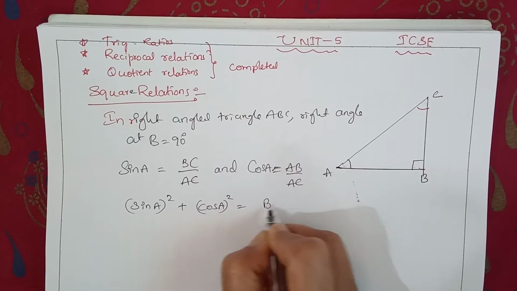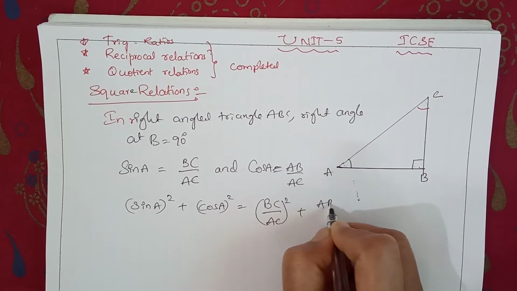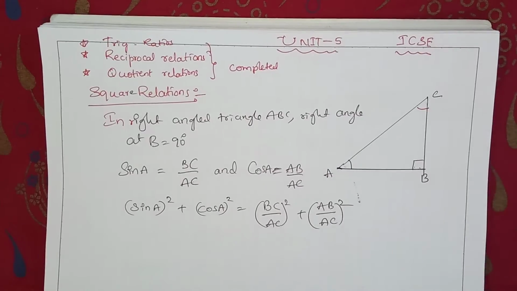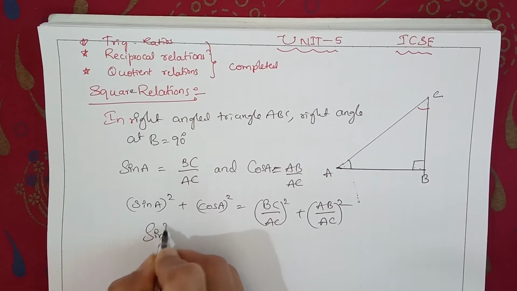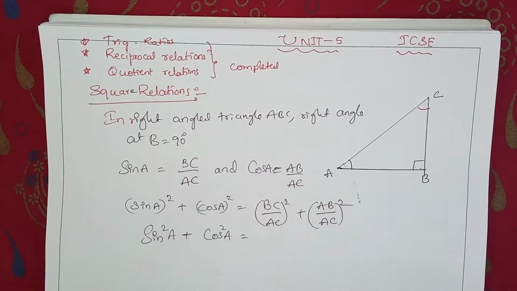What is that? (BC by AC) whole square plus (AB by AC) whole square. This is nothing but sin square A plus cos square A.